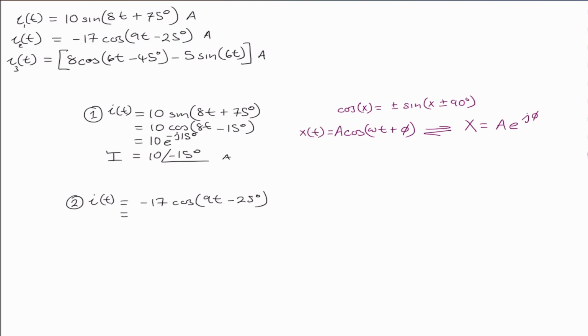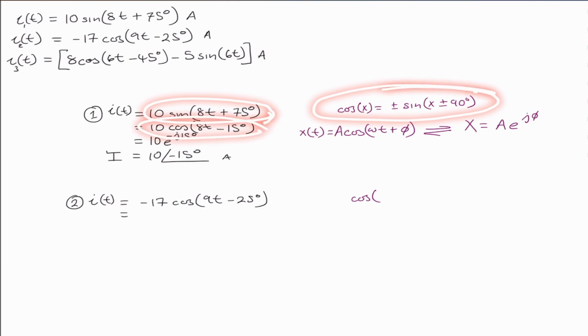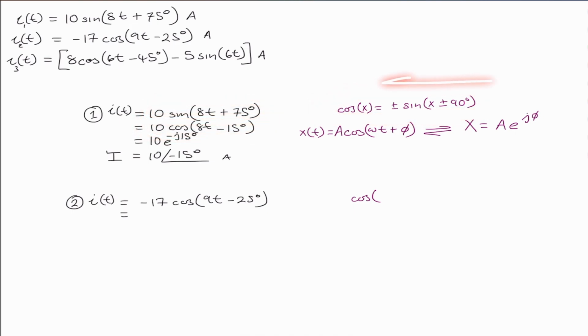So we're going to use the trig identity. Basically this identity is shifting. Whenever we converted our sine to a cosine, all we did was advance the sine signal by 90 degrees. So we shifted that sine to the left and it became a cosine. Now to get a positive cosine, we're going to advance that by 180.